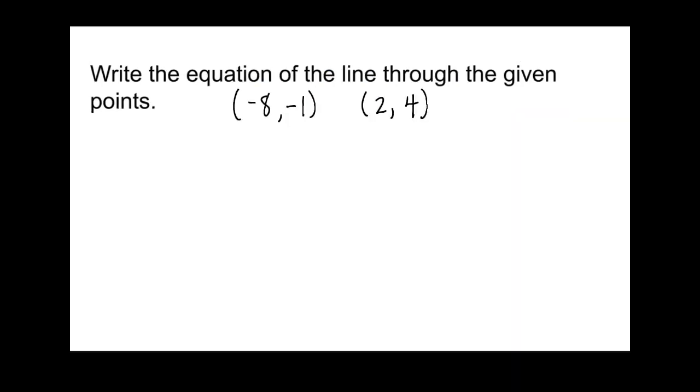Okay, so one final equation. Again, we want to get to point-slope form, and then we want to use that to get us to slope-intercept form. So again, I need the slope. I have two points, and I can pick either one. I like to choose one, if I can avoid negatives, I'm going to avoid negatives. So I picked the one that had only positive values in it. So then the slope is y minus the other y.